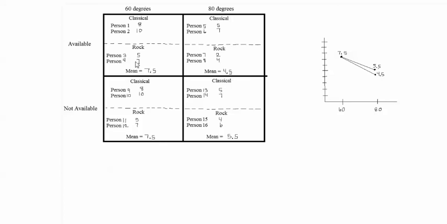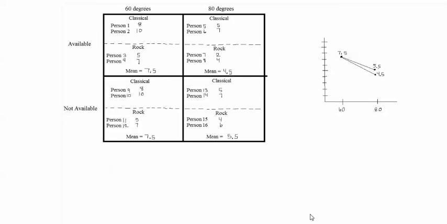When water is available, we go from 4.5 to 7.5, which is this line right here. When water is not available, we go from 5.5 to 7.5, which is this line right here. One line is steeper than the other because this is a 2-point difference, this is a 3-point difference. So there is an interaction between temperature and availability of water.